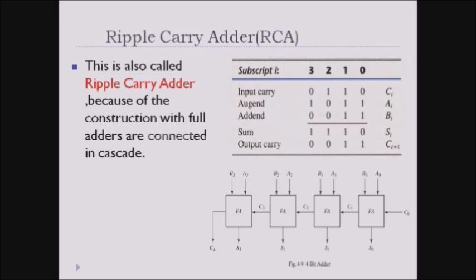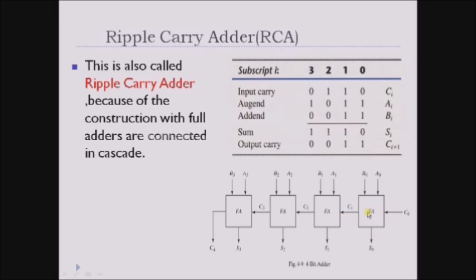But the drawback associated with this ripple carry adder is propagation delay. Let us see what that is. Here I have applied all the inputs at the same time. For the first time, only this full adder would be performing the addition operation, and the remaining full adders would be in an idle state, because they did not receive any carry from the previous stage. Until they receive a carry, they will not perform any operation.